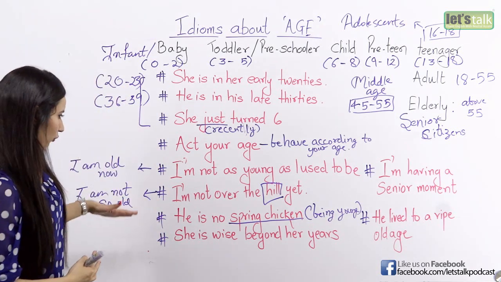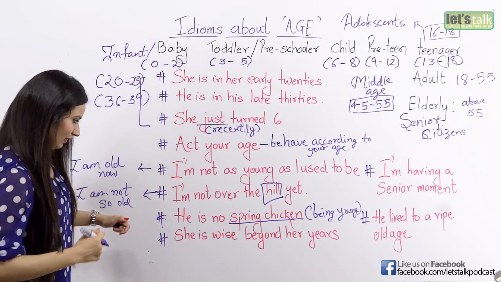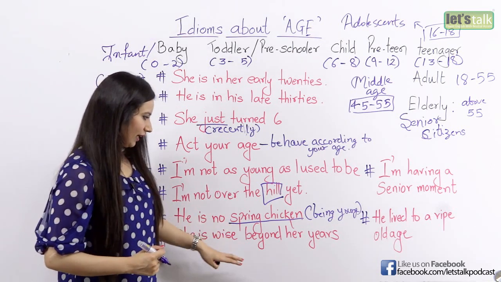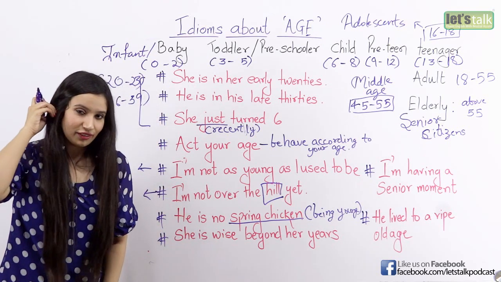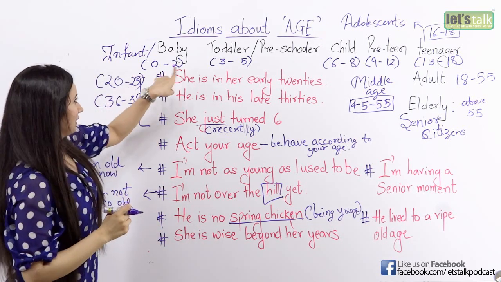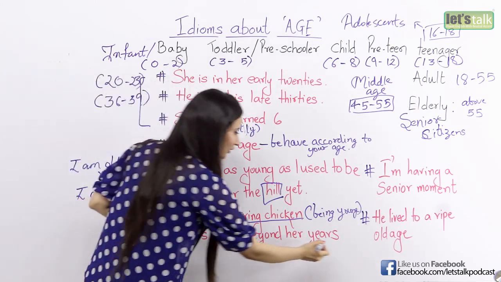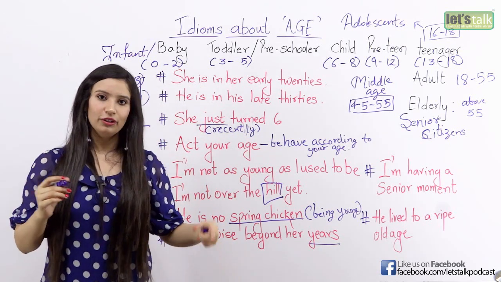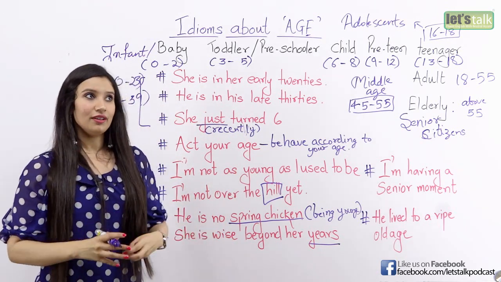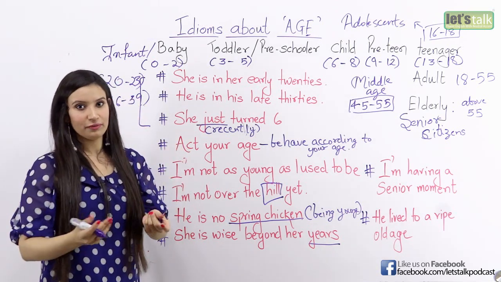With this, we move to the fifth idiom, which is, she is wise beyond her years. Years, right? Age. We're talking about age here, not the ear of hearing. She's wise beyond her years means that she's like a child who can really solve all the math problems.